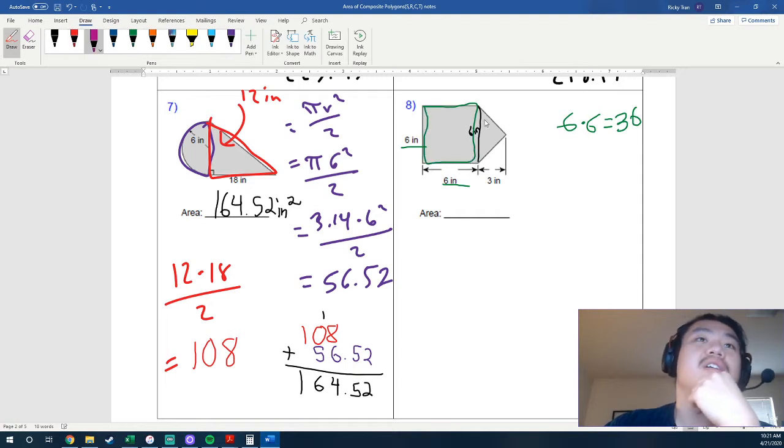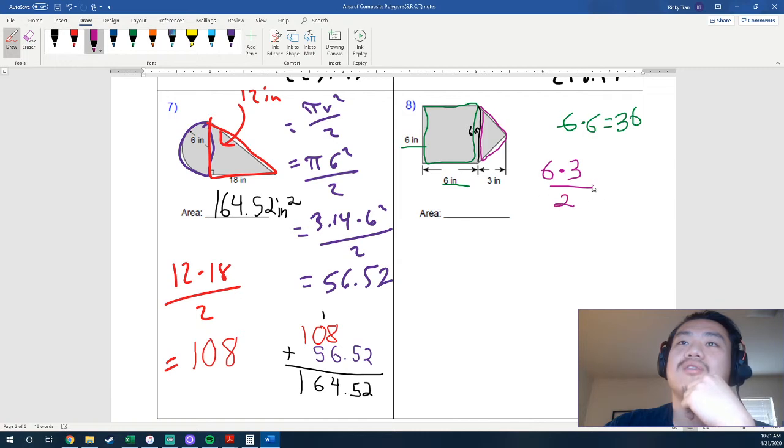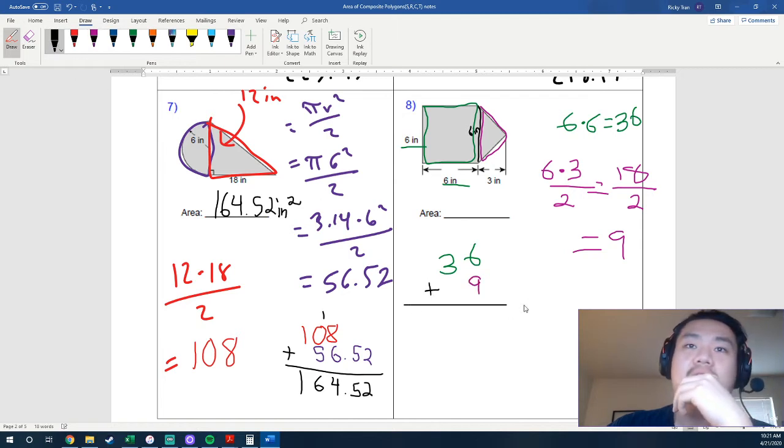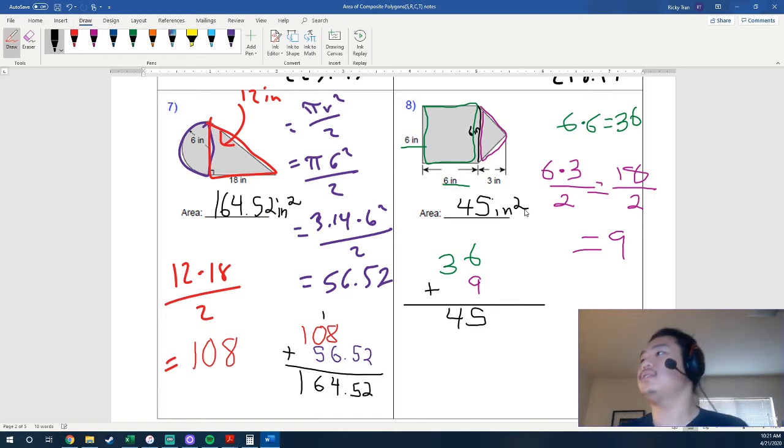And then the area of the triangle is 6 times 3 divided by 2, 18 divided by 2, or 9. And then we just have 36 plus 9, which is 45. So the area is 45 inches squared.